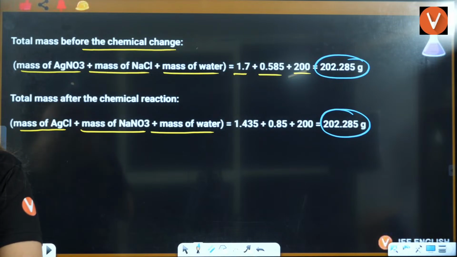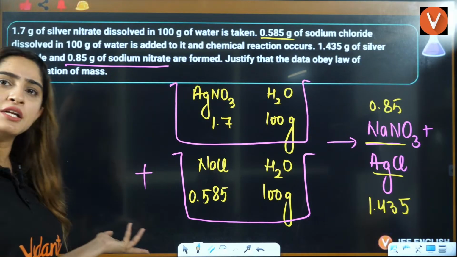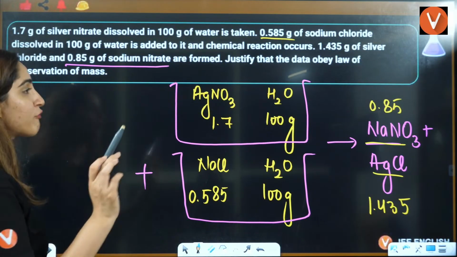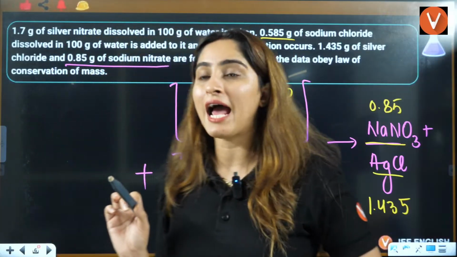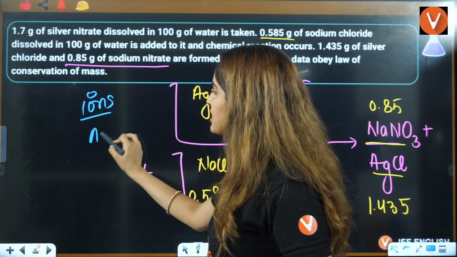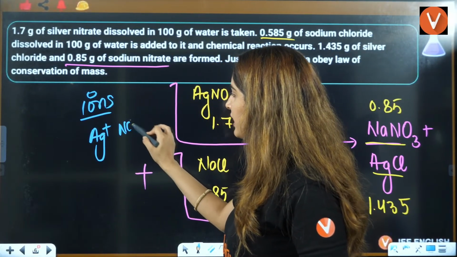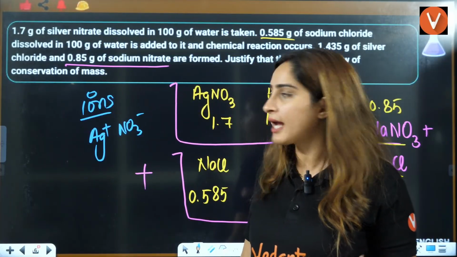Okay. Ma'am, how to know the reaction? The reaction is given in the question, right? All you have to do is watch my basic foundation lecture where I have taught you about the ions. If you know that Ag positive is there and NO3 negative is there, you cross multiply and you will get the formula, right? And what is happening?